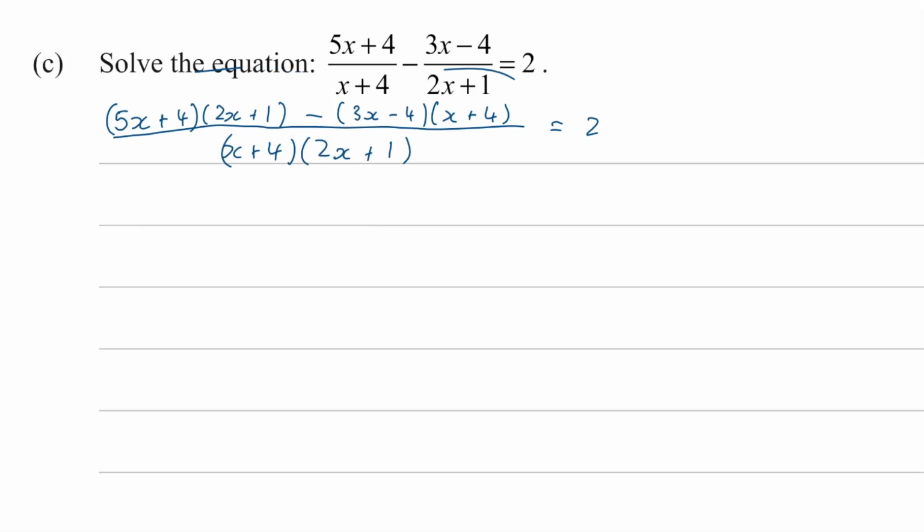So 5x times 2x is 10x squared, 5x times 1 plus 5x, 4 times 2x plus 8x, 4 times 1 plus 4.